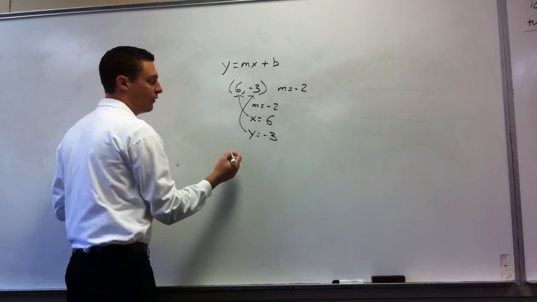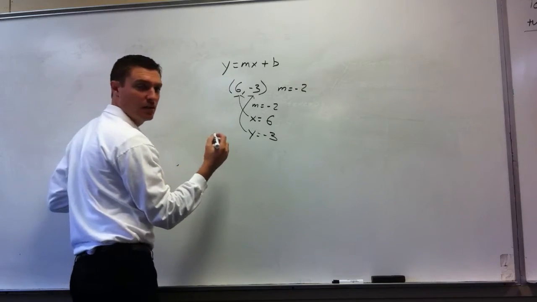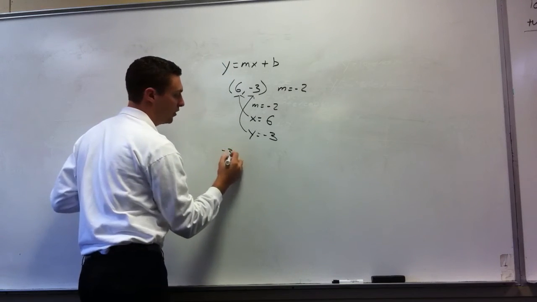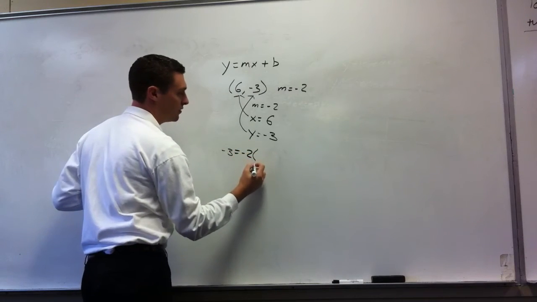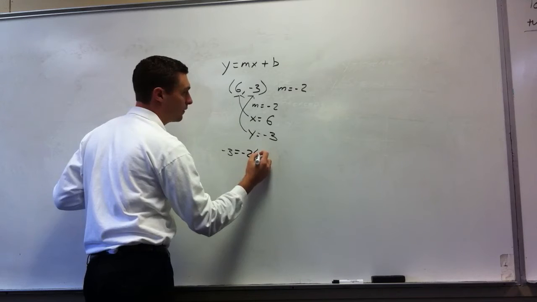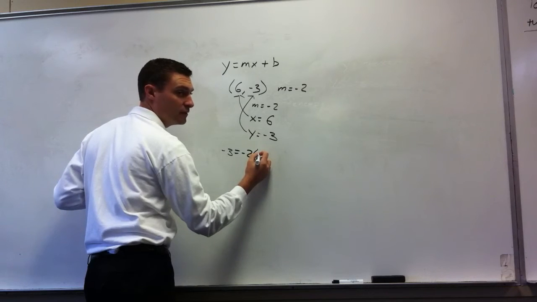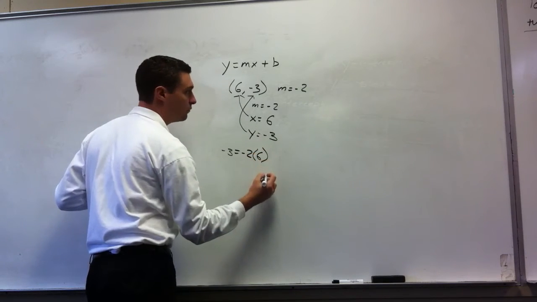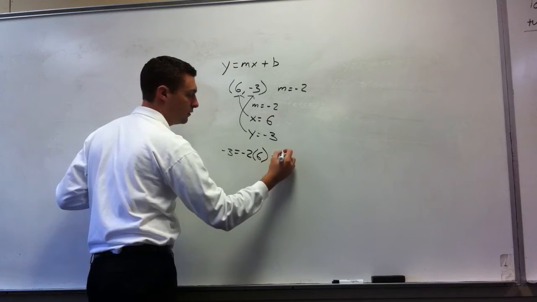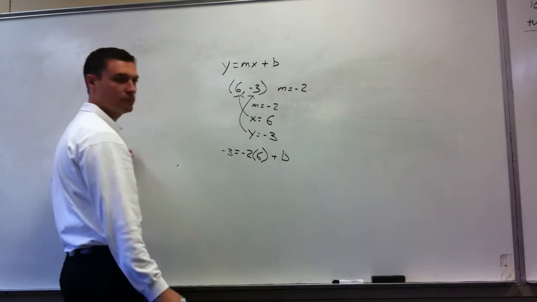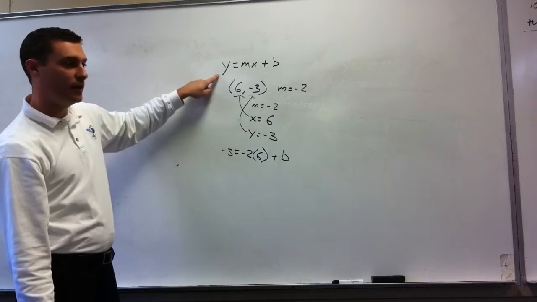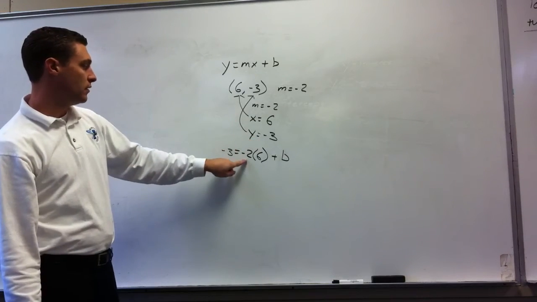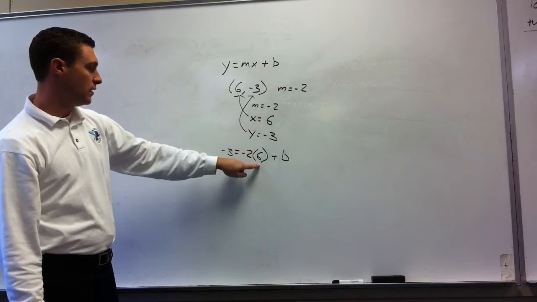So, how would I rewrite this? -3 equals -2 times x, which is 6, plus b, because I don't know b. So -3 is y, because it says so. -2 is m.